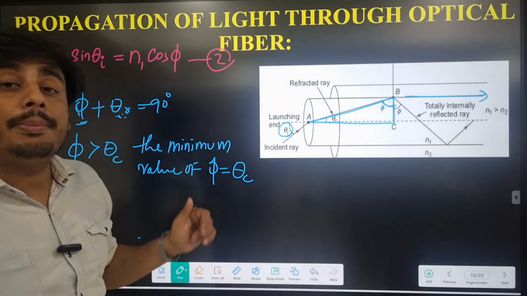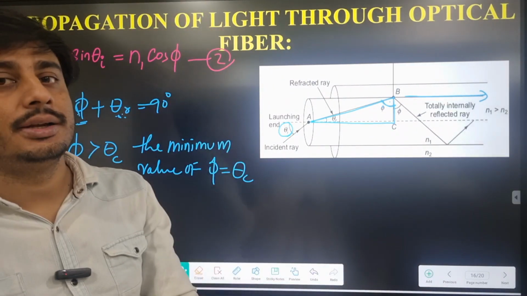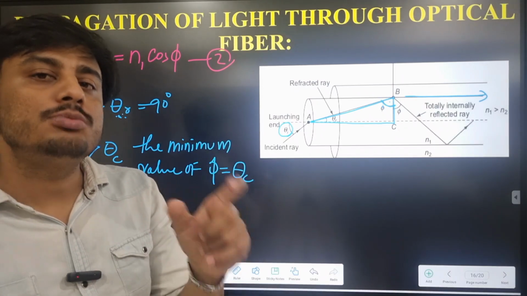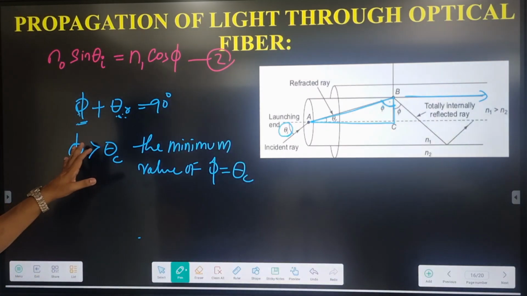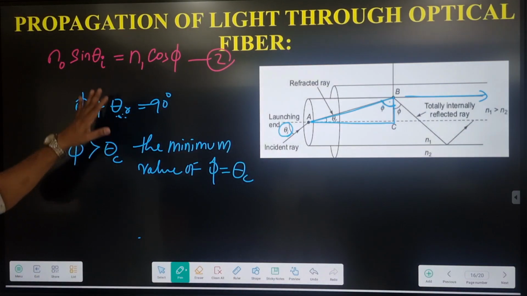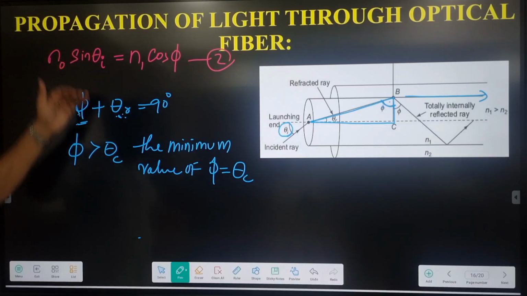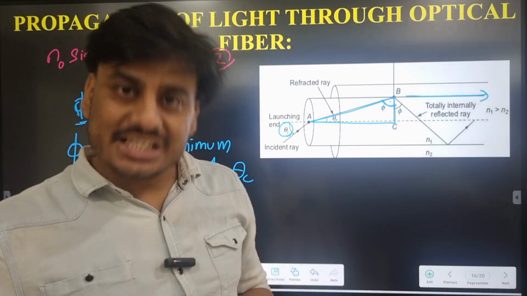Similarly, if we increase the phi value to 40, theta r value we have to decrease again to 50, because both are inversely proportional to each other. A plus B equal to constant. So if theta r value decreases, phi value increases. If theta r increases, phi value decreases.